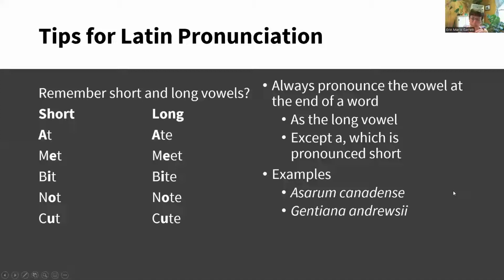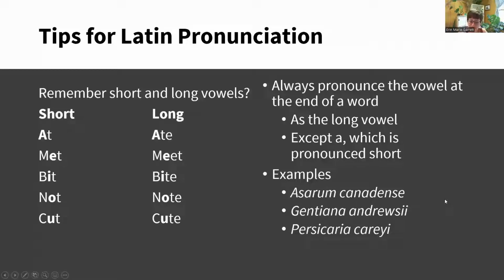And if a plant is named after someone, it can break that convention on how some of the vowels and syllables are pronounced. So I said before, there's no sh in Latin, but if it's in someone's name, you would say it. Clear as mud, right? We got to complicate everything for you.